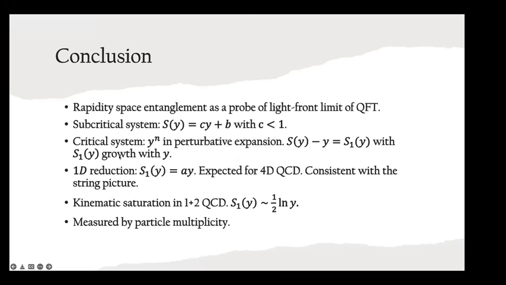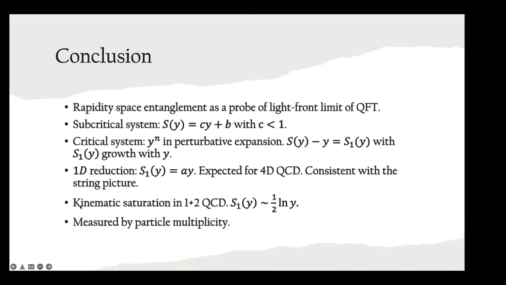But after resummation, you still get a recovery of the area law, with only a linear growth in the rapidity gap, with this S1 growing also linearly in Y. And in the 1D reductions, this S1 is equal just to A times Y, where A, you may say, is the Pomeron slope. And this is expected for 4-dimensional QCD and is consistent with the string picture.